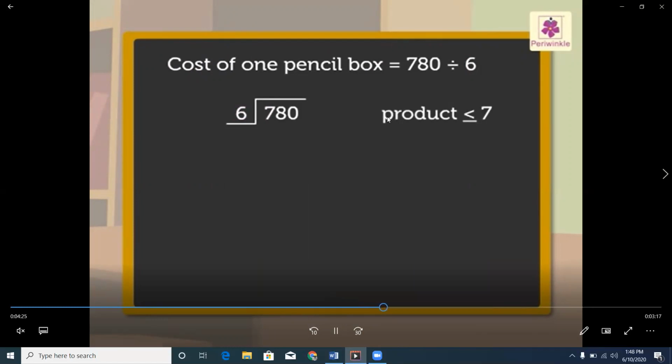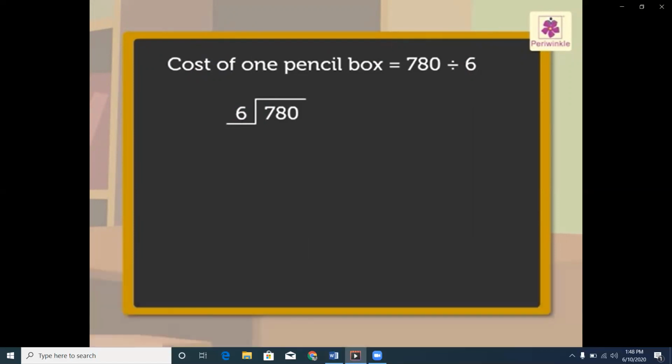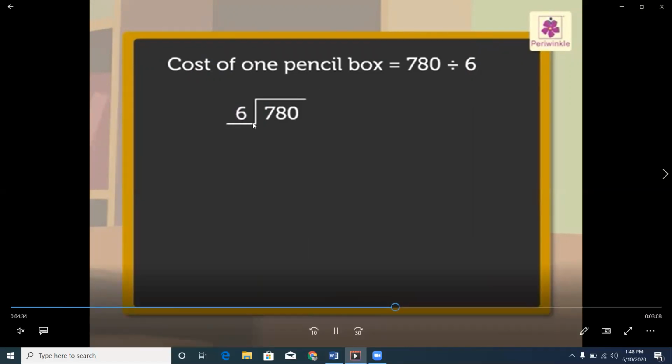So we are going to find the product in the table of 6 which is either less than or equal to 7. The number closest to 7 is 6 itself. So 6 ones are 6. We will subtract it. We got 1 in the remainder.